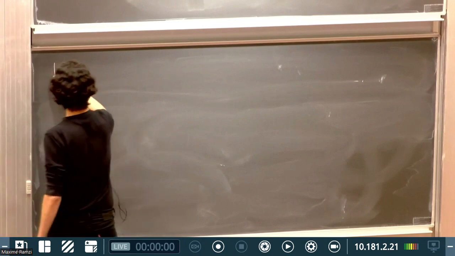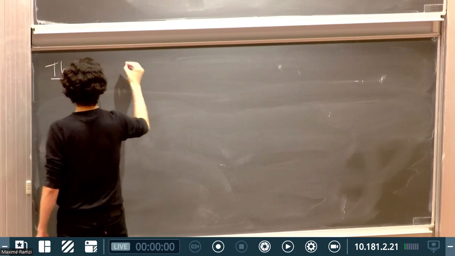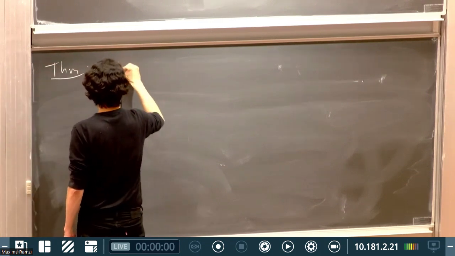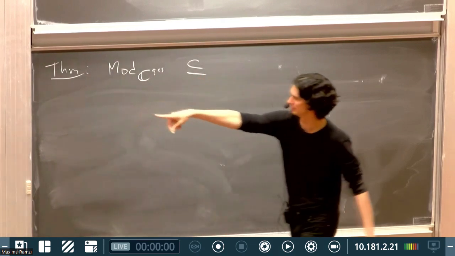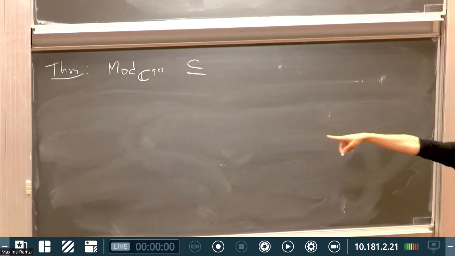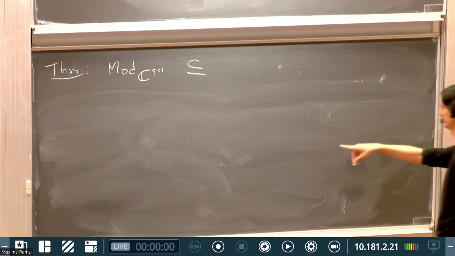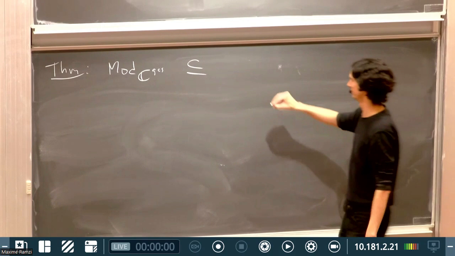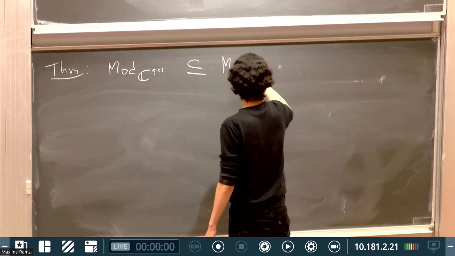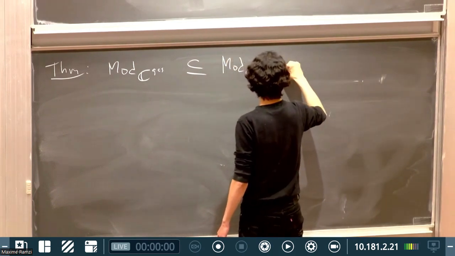So the main theorem about this full subcategory of gaseous modules is the following. The full subcategory of M satisfying this condition, i.e. those M which are gaseous, I'll denote modules over C gaseous. And that's a full subcategory of just modules over C in light condensed abelian groups.